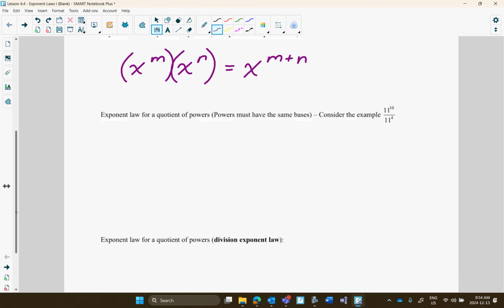What do you think you do for division? If we multiply 2, we add the exponents. If we divide the 2, we subtract the exponents. So look at it this way. 11 to the 10, well, that's 10 11s being multiplied by each other.